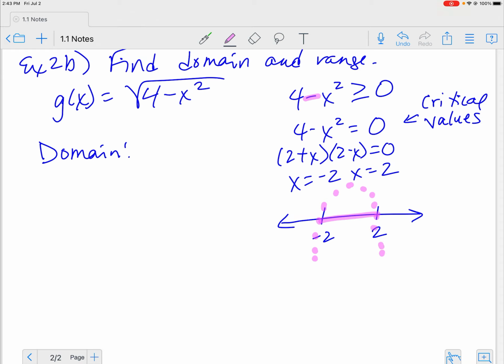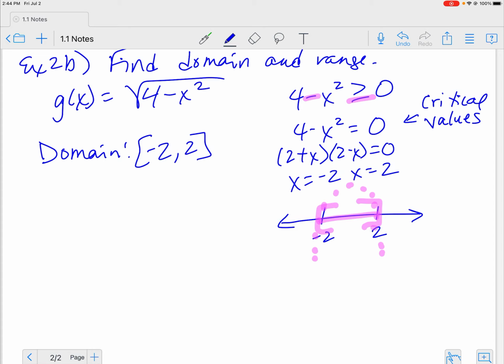Looking at end behavior on a polynomial, where is my quadratic above 0? It's above 0 here, so I know I'm shading between. However you were taught, whatever you're comfortable with, is up to you. I'm happy to go through that even more if you have questions. The fact that this is an 'or equal to' situation tells me I have brackets around that. So my domain here is going to go from negative 2 to 2.